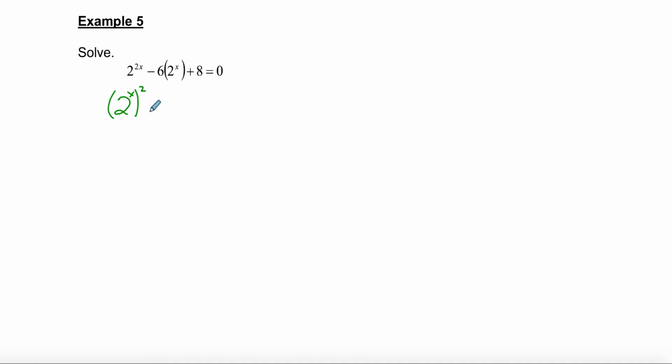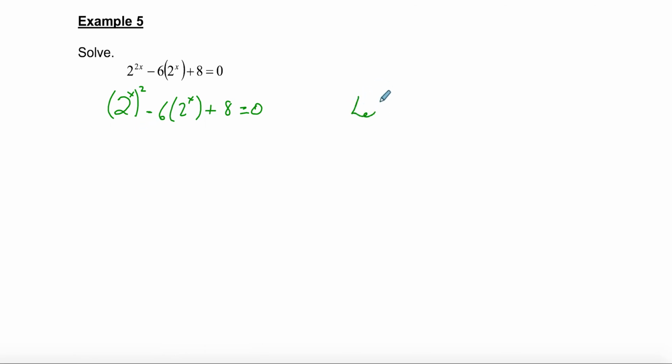I would multiply those together. Minus 6 times 2 to the x, so I have another 2 to the x right there, plus 8 equals 0. And what I want you to notice is that this looks kind of like x squared minus 6x plus 8. This looks like a quadratic equation, but my problem is this 2 to the x.